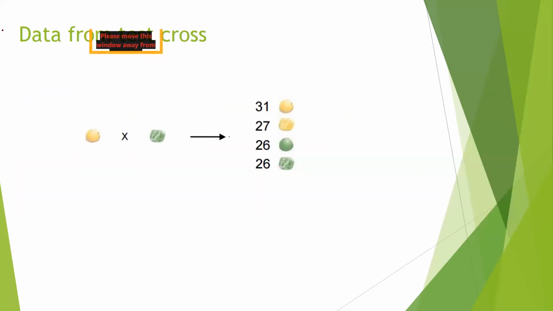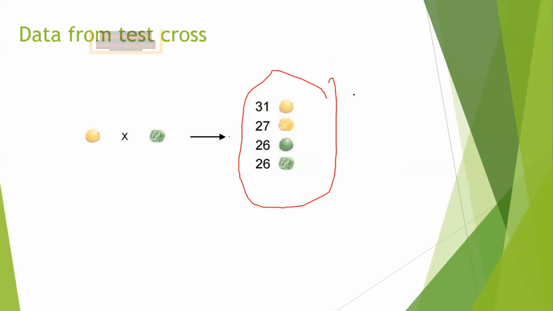Okay, so test cross. Suppose when you do the test cross, this is the data you got. Based on this data, you can conclude there are four different phenotypes in the progeny coming from this cross, right?